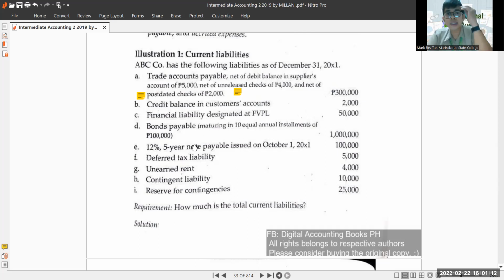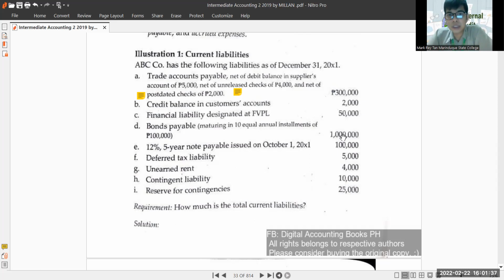Letter D, bonds payable maturing in 10 equal annual installments of 100K. Ayan. So ito yung sinasabi natin kanina na current portion of long-term liabilities. Bonds is long-term kasi 10 years siya. Pero meron siyang installment, meron siyang namamature every year na 100K.